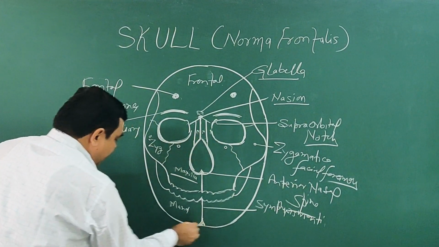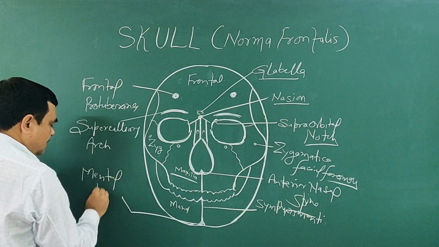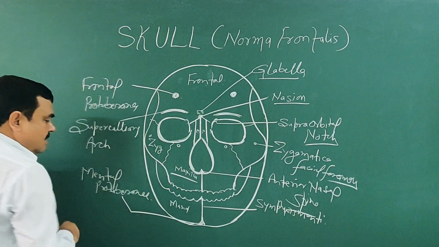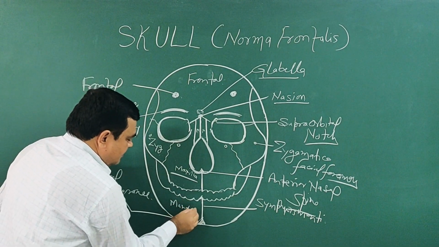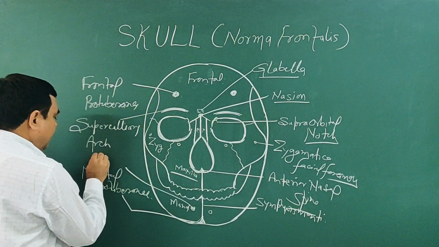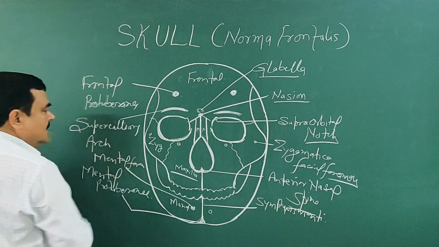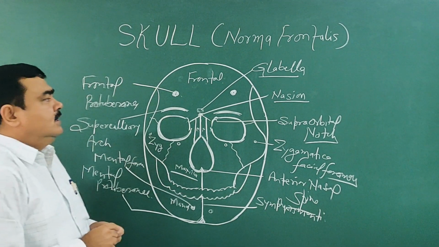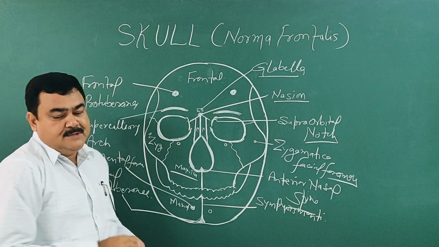Here is the mental protuberance, and here lie the mental foramina. So this is the Norma frontalis, or anterior view of the skull.